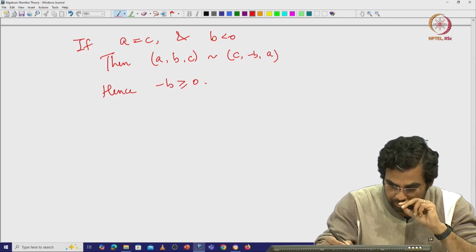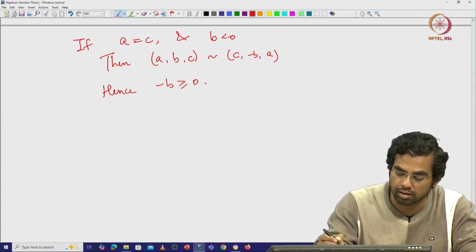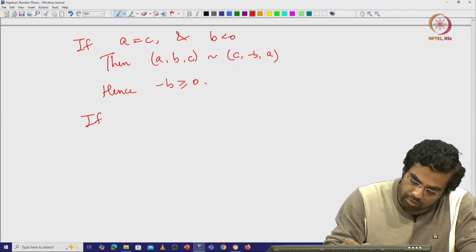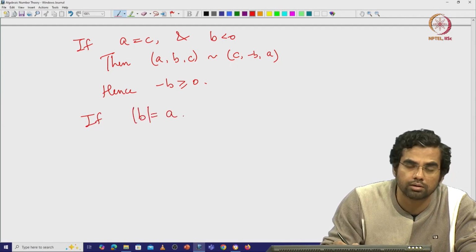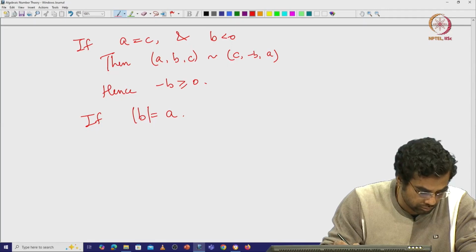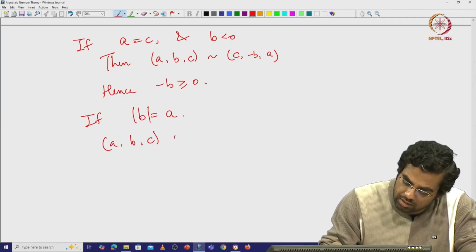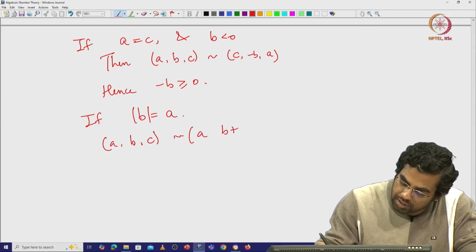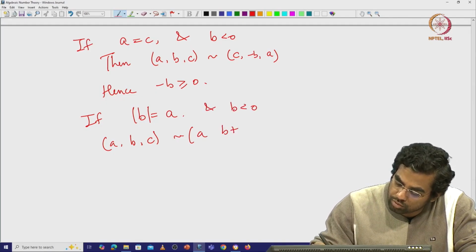So, that is kind of one thing. If mod of b is equal to a, okay, then again a b c is equivalent to a b plus 2a by 2 and c, let us say that b is less than 0.